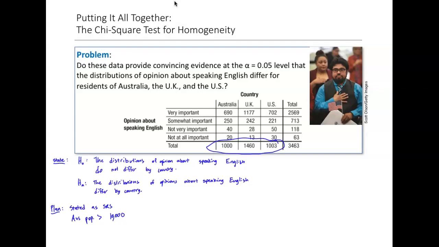The UK population is greater than 14,600. And the US population is greater than 10,030.